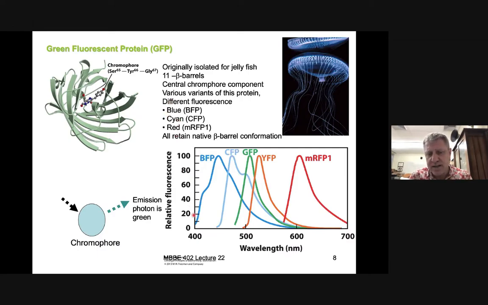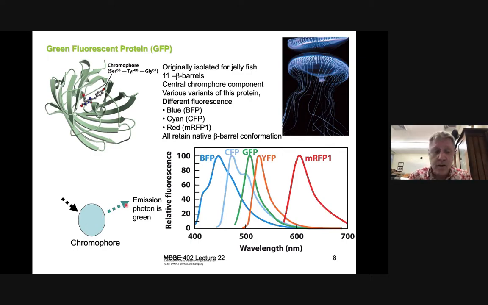And this means basically we can stimulate a particular protein that contains this fluorescent protein by using a particular wavelength, and it will absorb that wavelength and cause a re-emission of a wavelength at a different frequency, meaning a different color.